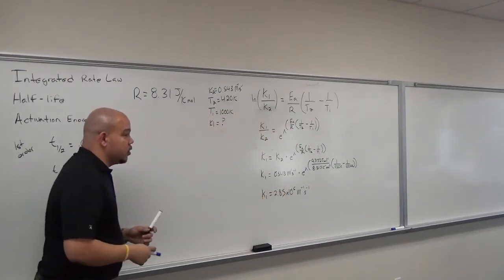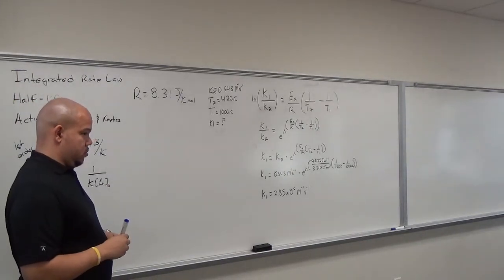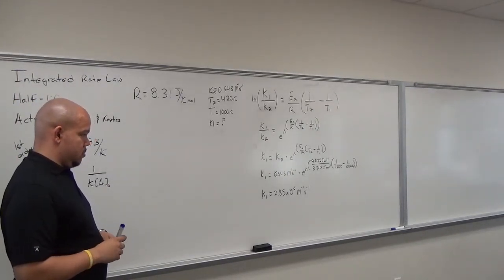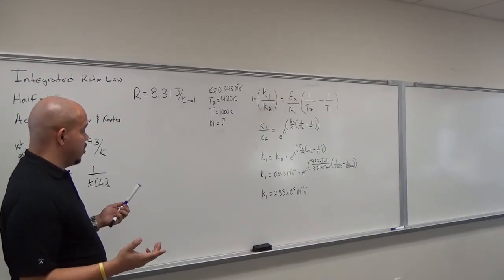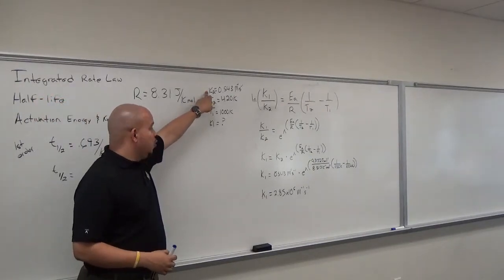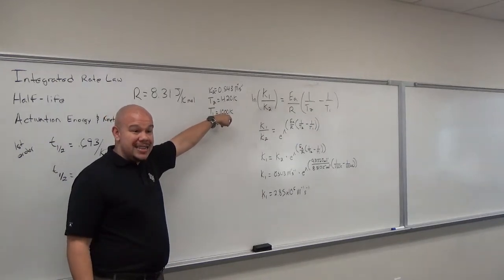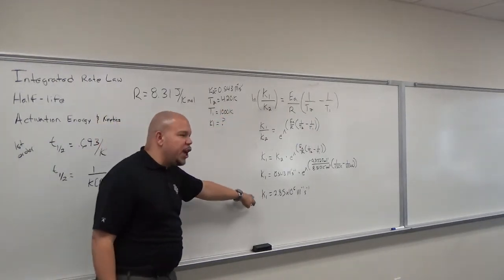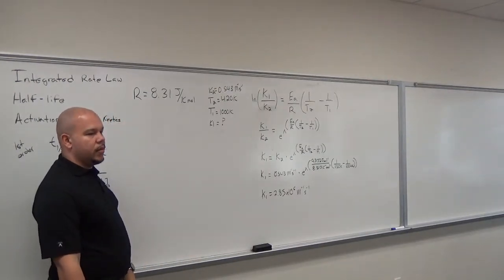Notice, what do we notice about the size of this value? It's large, right? It's bigger than this value. So we see this almost 600-degree difference should increase and make our K value larger. Makes sense, right?